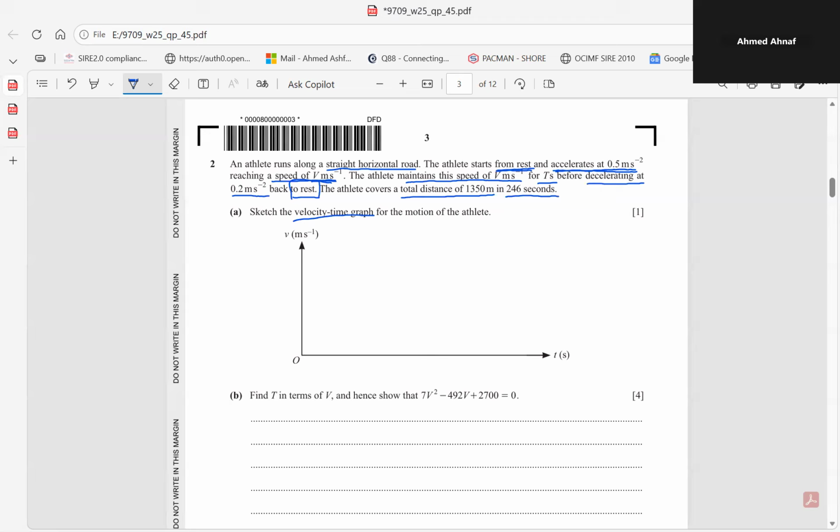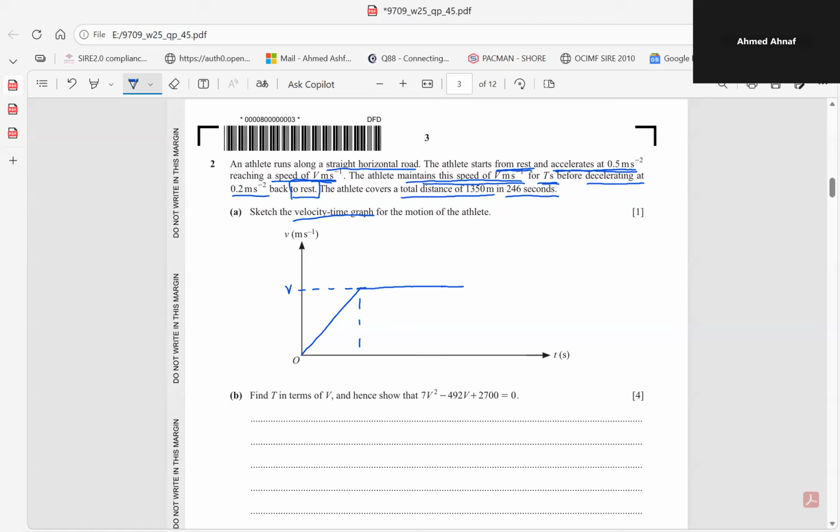So it's just going to be a straight line with constant positive gradient, up to v. And then after that, the athlete maintains the speed. The speed is constant for t seconds, so you can just draw a horizontal line.